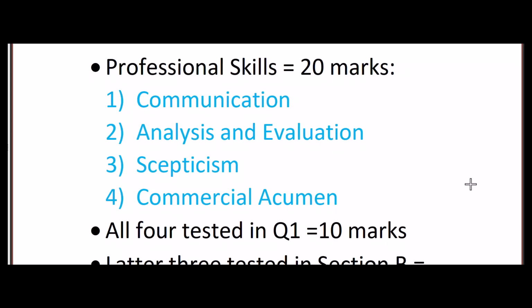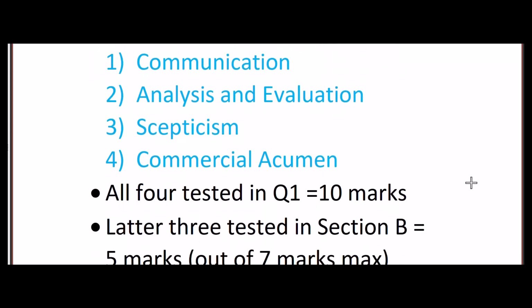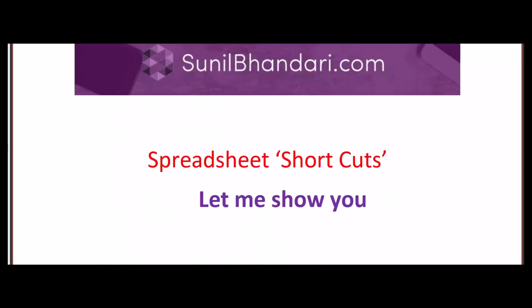With commercial acumen, 2 things we have to do. 1, make sure that we're relating it to the details in the question, it's question specific. And secondly, bringing in the wider finance and business knowledge that could apply in that particular situation. But plenty of guidance comes into play as far as the professional skills are going to be concerned.